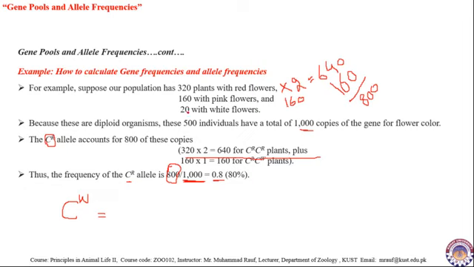And here the 20 white flowers, each flower has 2 copies of the CW allele, so it will make 40. So 160 plus 40, it makes 200.